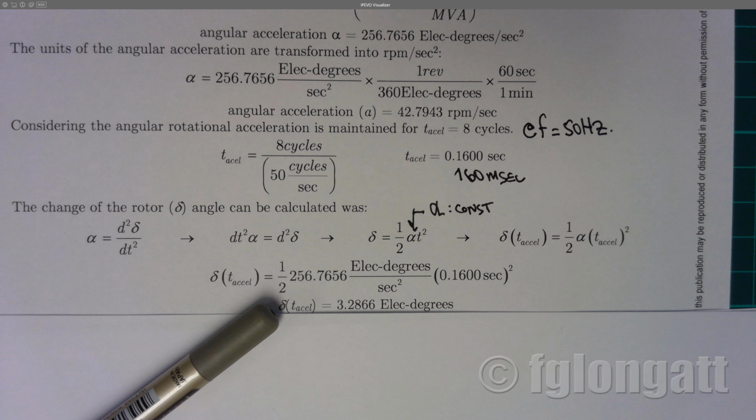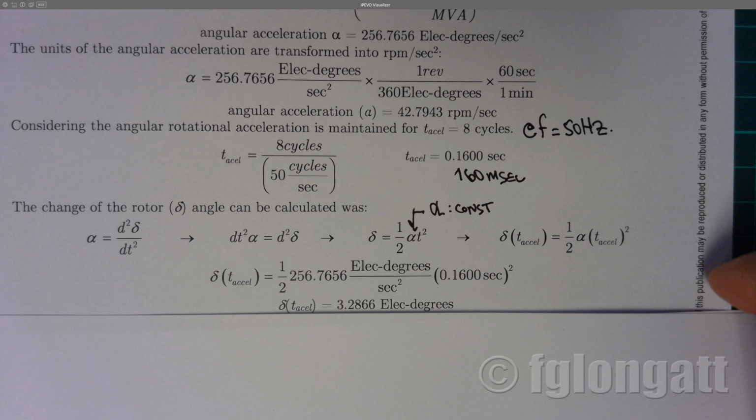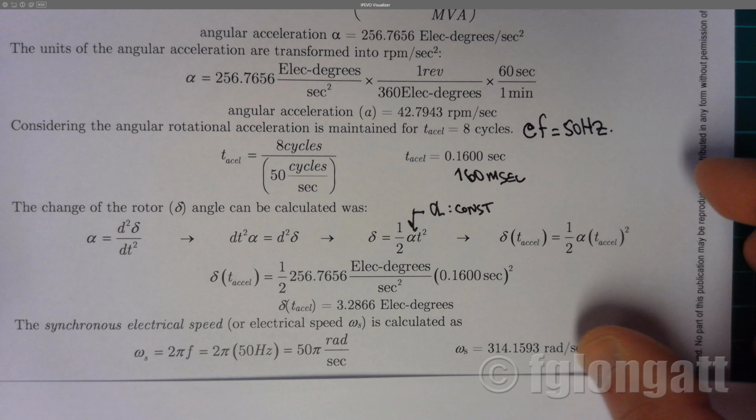What I'm telling you is that if we have the phasor diagram of this machine, and we apply this disturbance for 160 milliseconds, that will modify the angle delta, the rotor angle, by 3.28 electrical degrees.